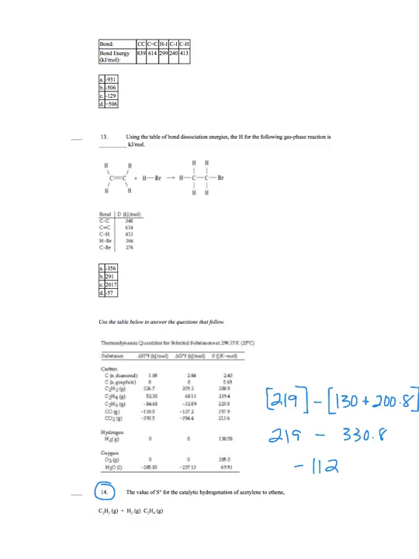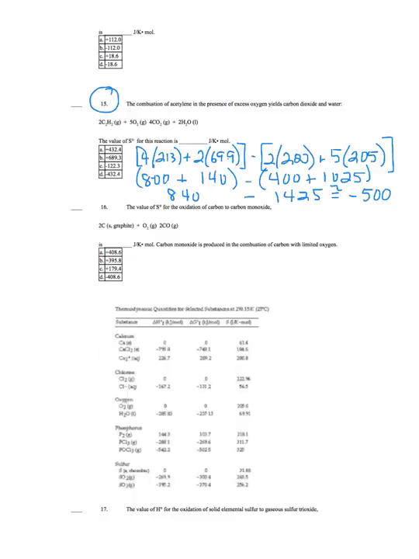Now we're moving into some entropy questions. They ask us to calculate delta S, and they give us the entropy values in the table. Well, it's a summation equation. Just plug everything into the summation equation, products minus reactants. Number 15, calculate the delta S. Plug things in from the table, products minus reactants, do some mental math.